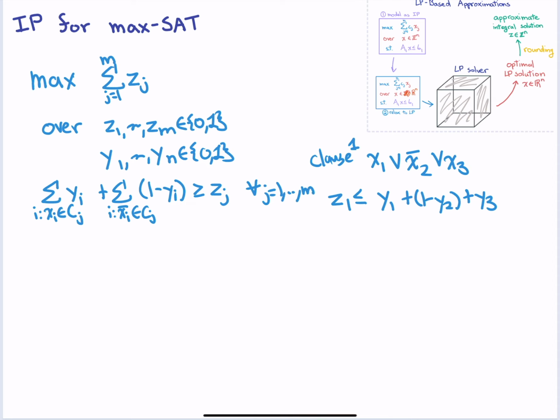Okay, so for each clause j, we make that same idea. So now what the integer program will do is it'll try to choose x's so that it can make the z's as big as possible in total.